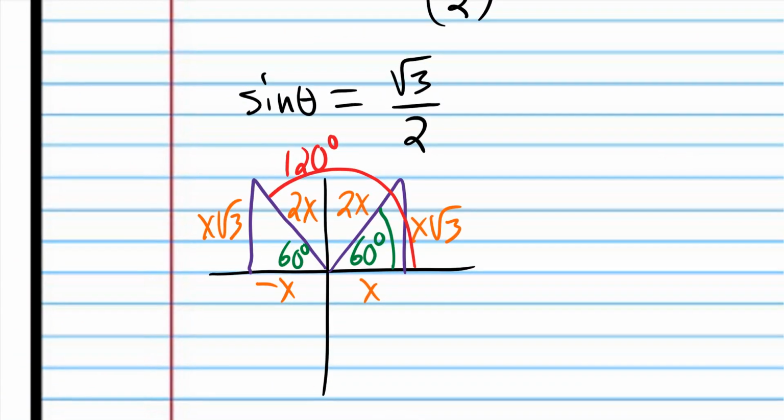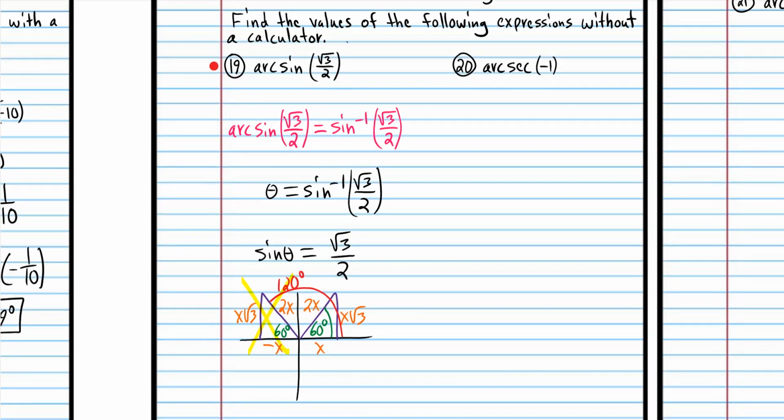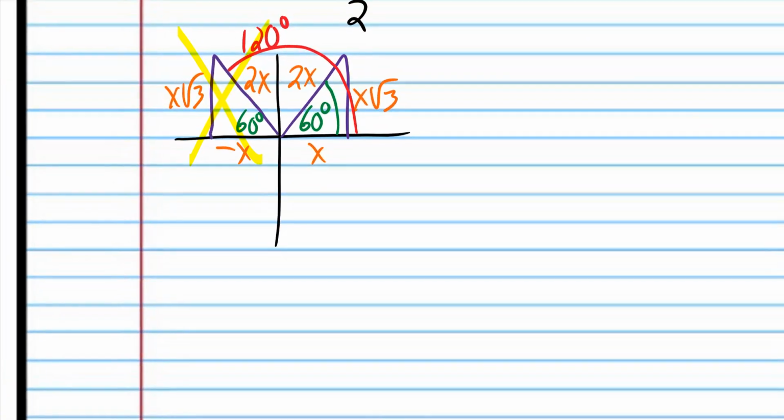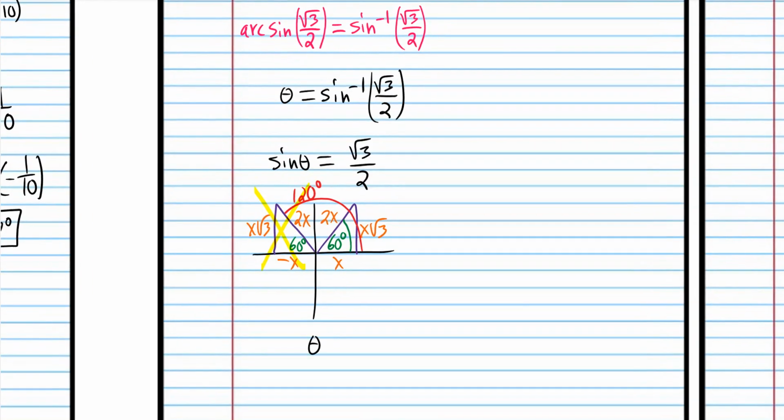But this angle over here, we're just going to ignore, because we're just finding the output of an inverse sine function. And again, you have to look at your restrictions. Sine inverse outputs can be between -90 and 90, so 60 degrees counts. So theta is going to be equal to 60 degrees.